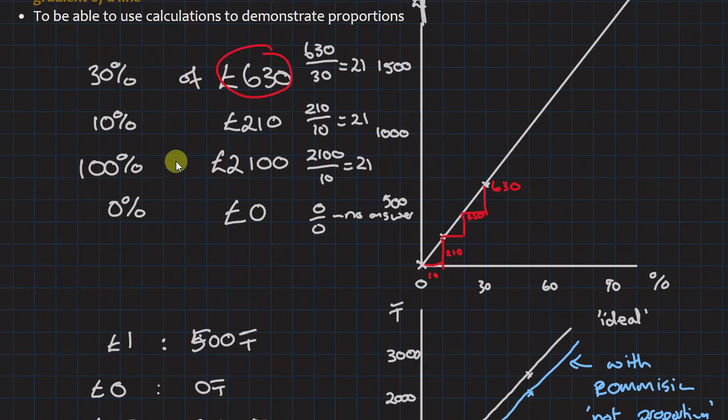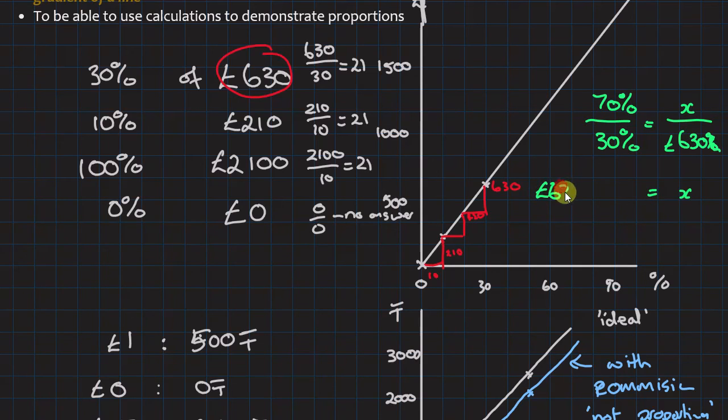My little trick of saying, if I know that 30% is £630, I can write that fraction so that if I want to know what 70% is, what's x, I can rearrange to say x equals my £630, drag it to the other side and multiply by 70 over 30.